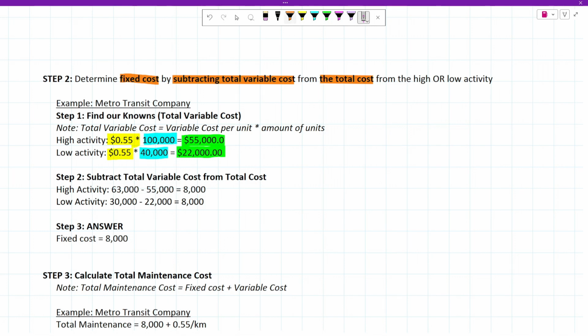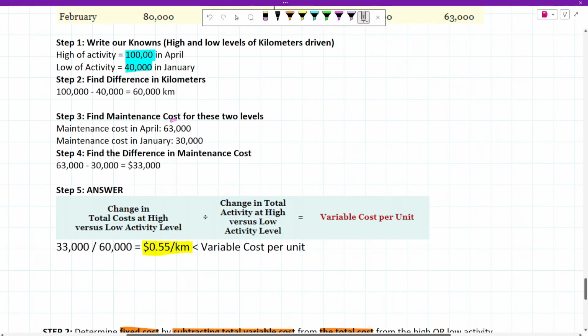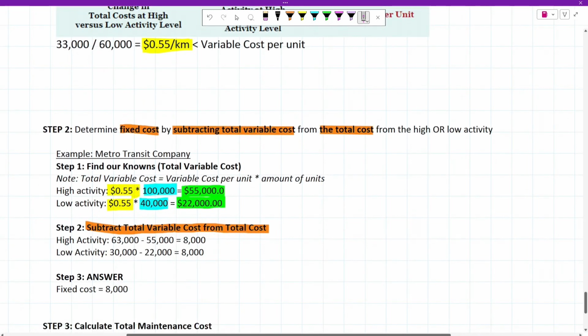So from this, we want to subtract total variable cost from total cost. So this is our total variable cost, if that was not clear before. So what we do here is we take our 55,000 and then we take the 63,000, which is all the way up here, and we subtract it, and that gives us 8,000.